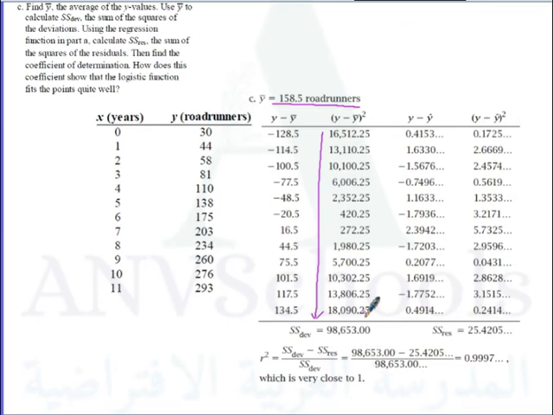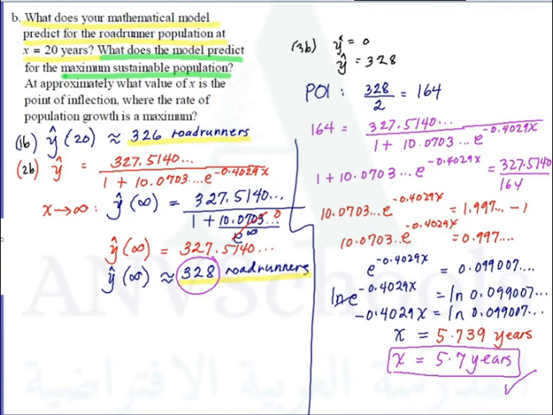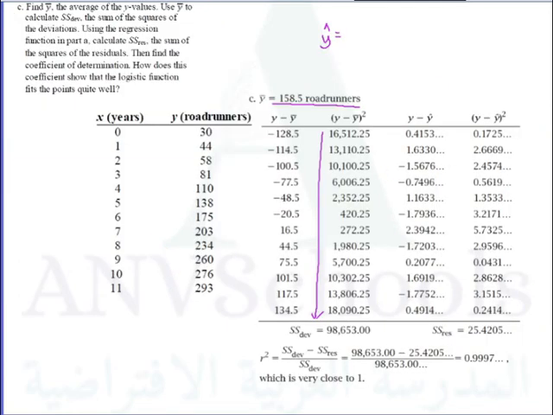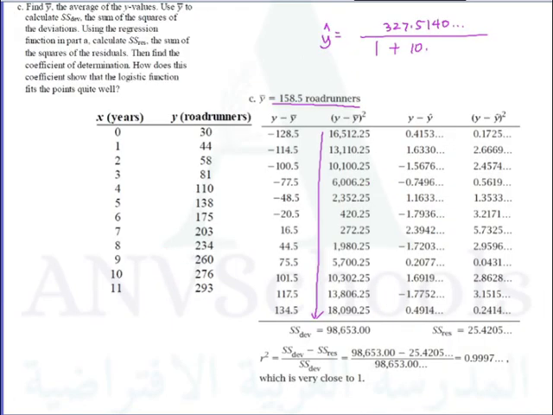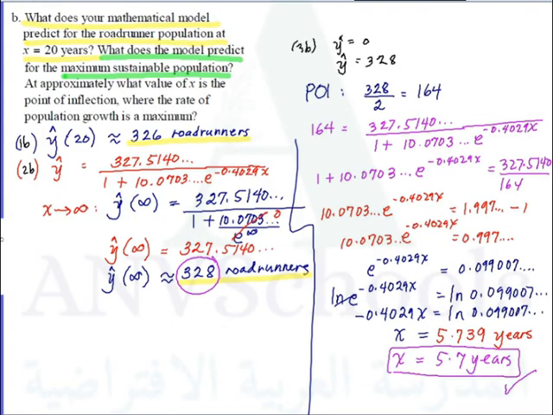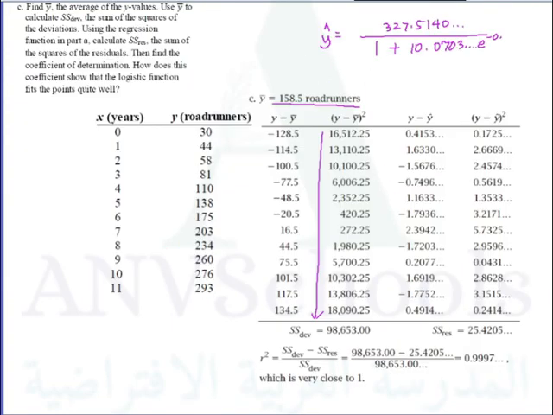Now we will have y minus y hat. And what is our y hat again? Our y hat is equal to 327.5140 over 1 plus 10.0703 e to the negative 0.4029x.